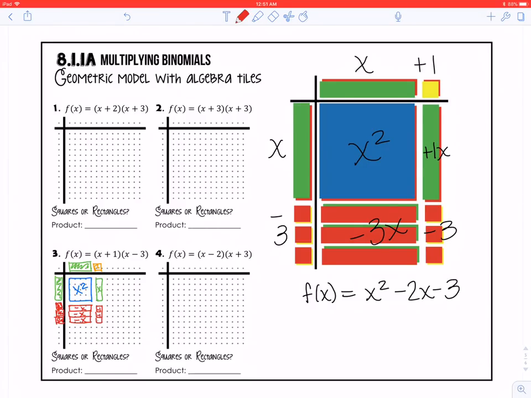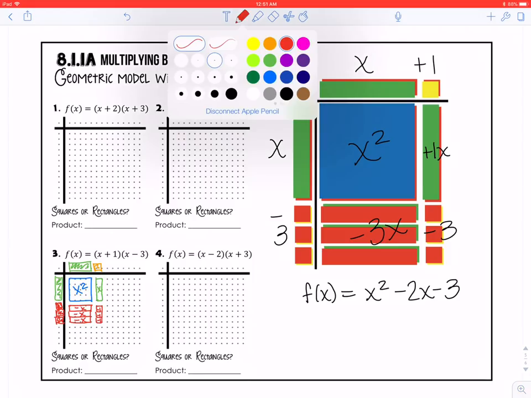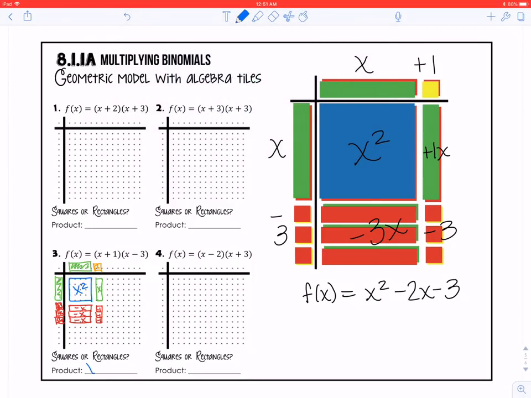So negative 1, 3 times. Now, my product, when I combine like terms, I don't have any other x squareds. Oops, forgot my f of x. F of x is equal to x squared. A positive 1 with a negative 3 would be a negative 2x. And then negative 3.